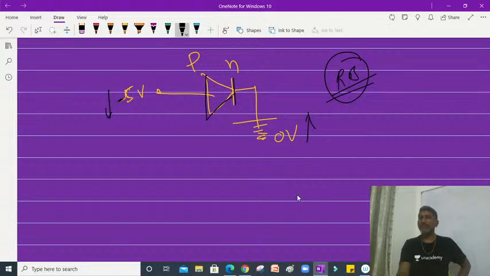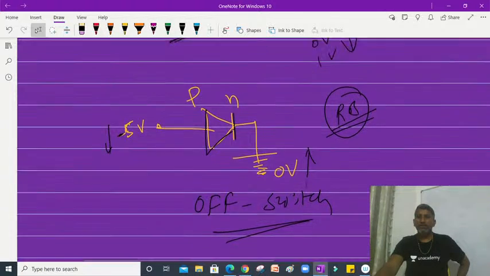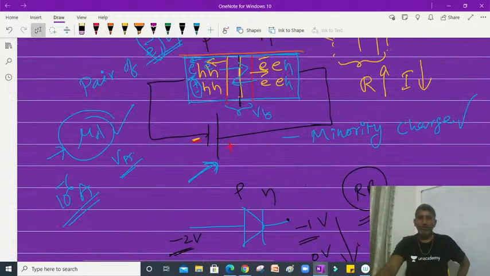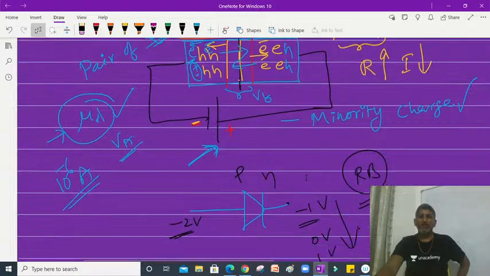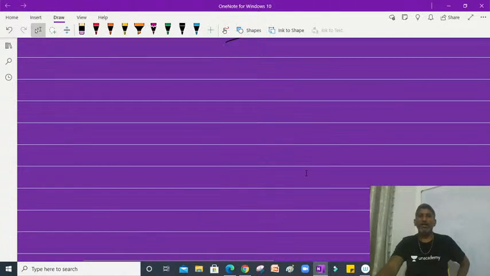In reverse bias condition, how does it act? It acts like an off switch. Whereas in forward bias condition, it acts like an on switch. This point you should know. So likewise, we have forward bias and reverse bias conditions of a diode.